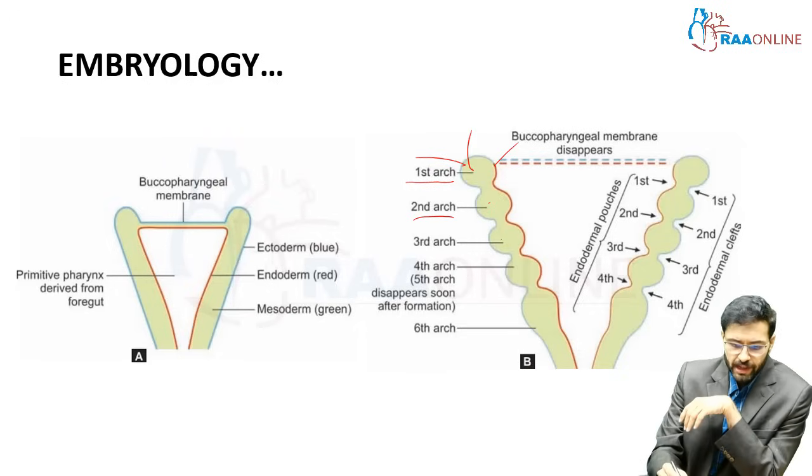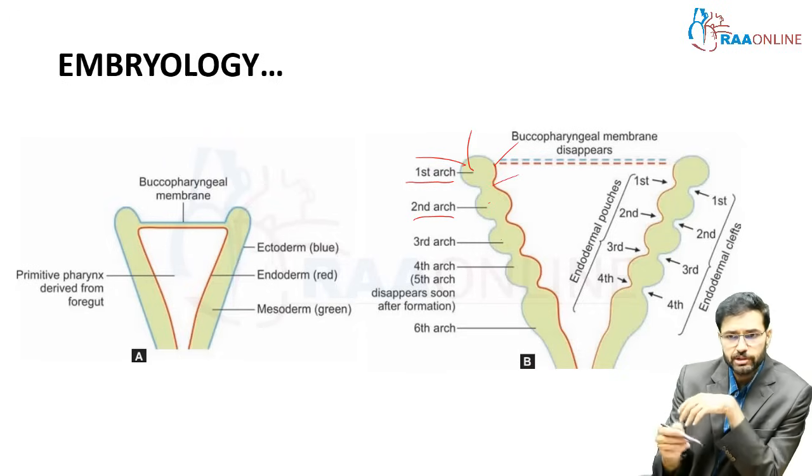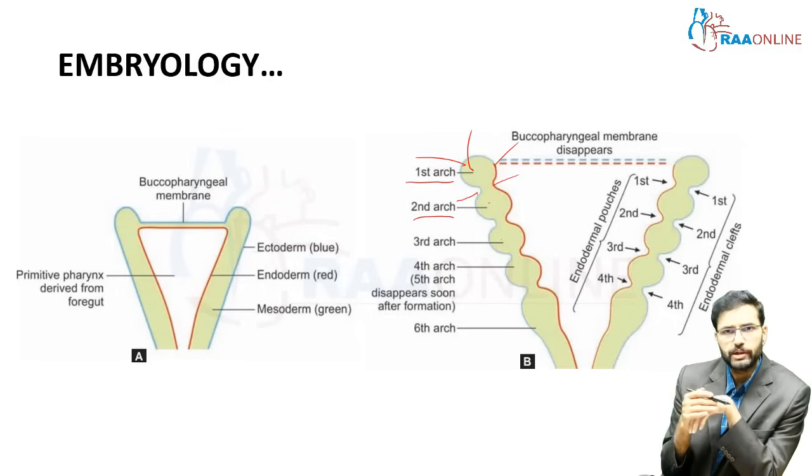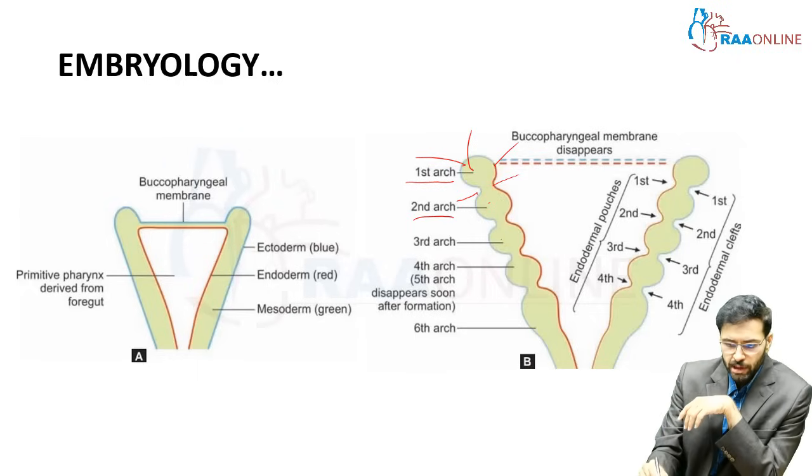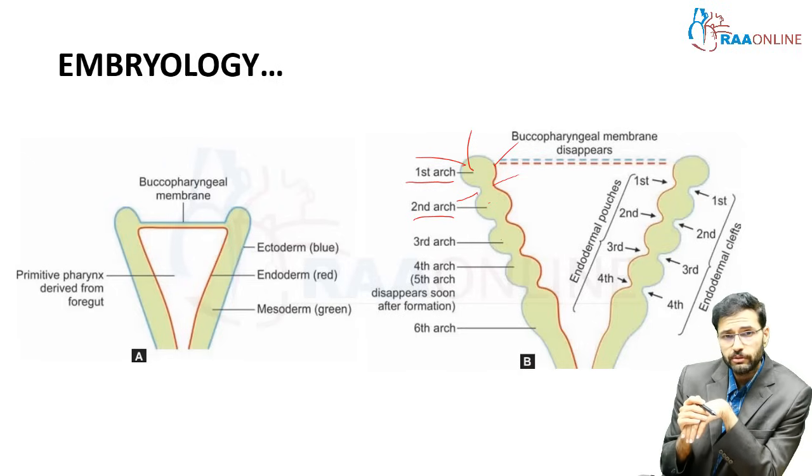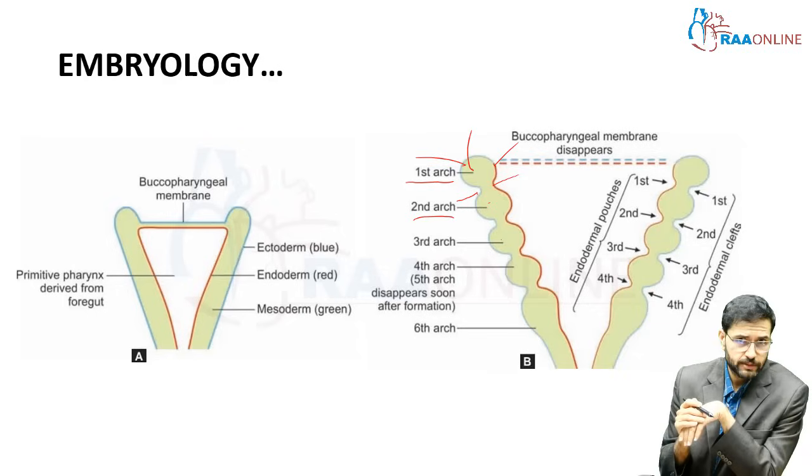Now, like I told you, this arch has an endodermal component which is denoted by red here, an ectodermal component denoted by blue here, and the green is the mesodermal component. This endodermal component has outpocketings which are called endodermal pouches or pharyngeal pouches.